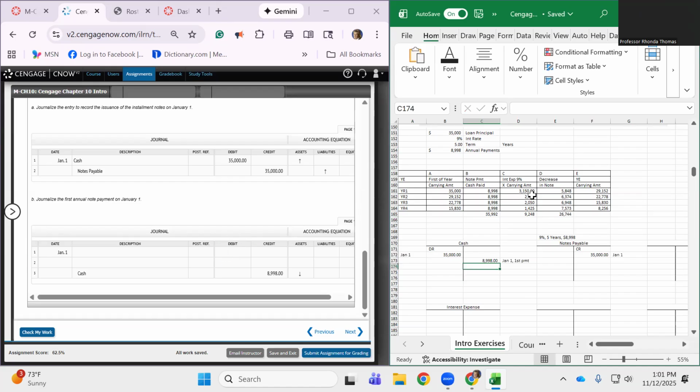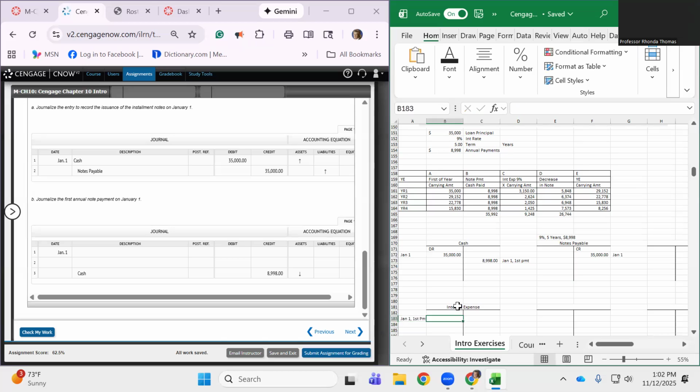And then part of it is going to be interest, so this is going to be interest expense for this first payment. We're going to keep interest separate from paying down the principal. So this is January 1st, first payment.